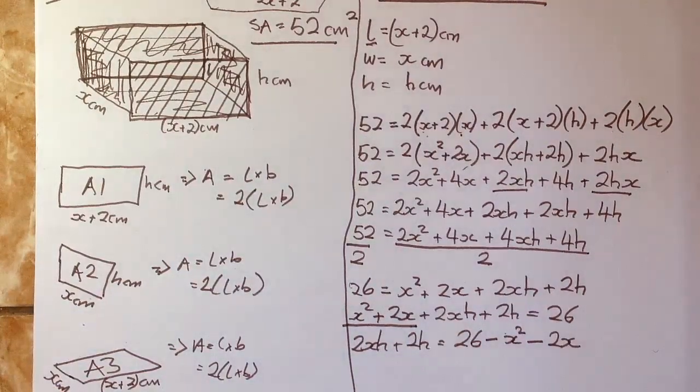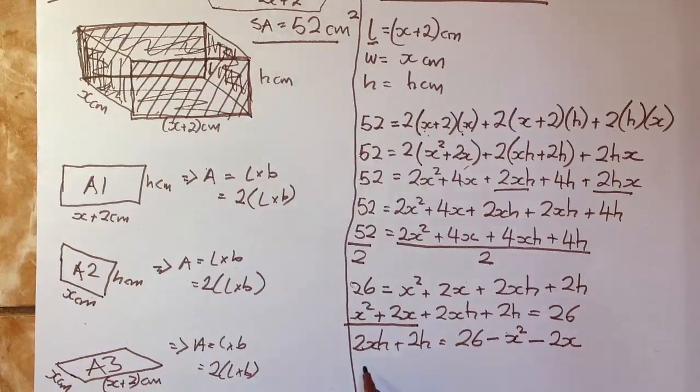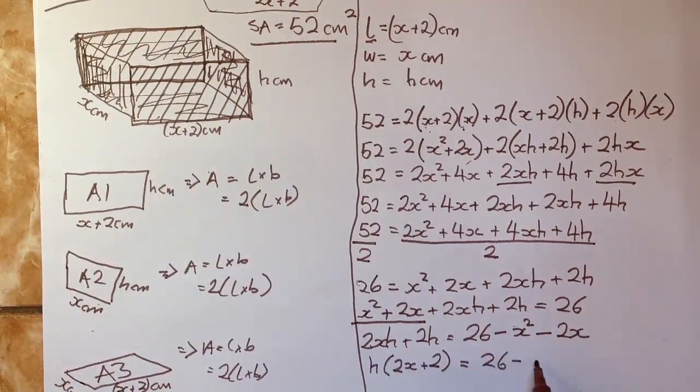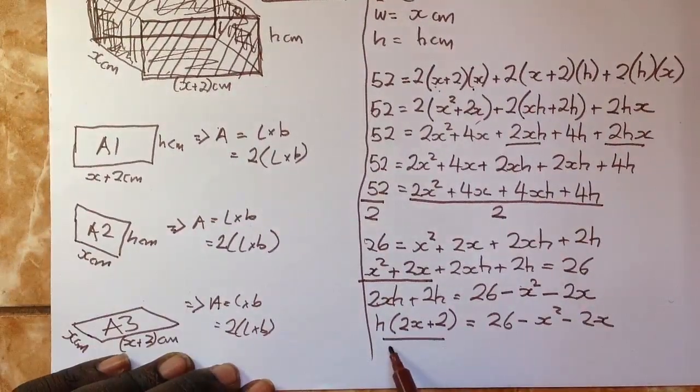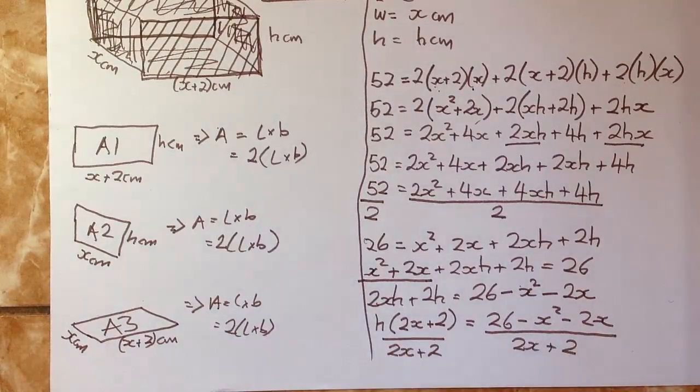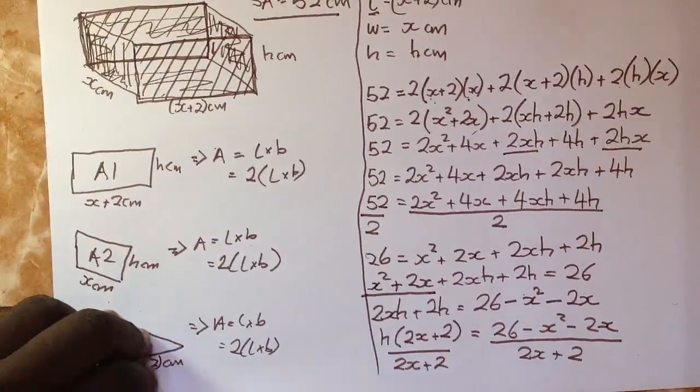Since we're making h the subject of the formula, we can factor out h, and it gives us h times 2x plus 2 is equal to 26 minus x squared minus 2x. At this point, we can divide both sides by 2x plus 2, and let's just rewrite that on another page.